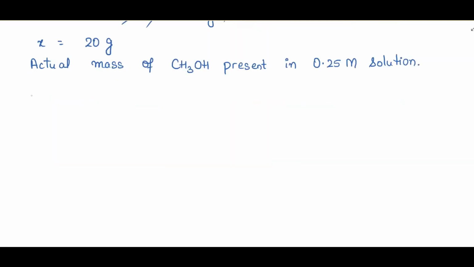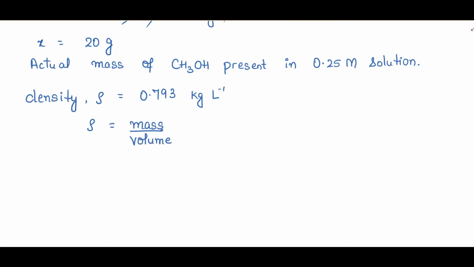We know that density, it is represented by rho equal to 0.793 kg liter inverse, right? We know that density equal to mass upon volume, right?